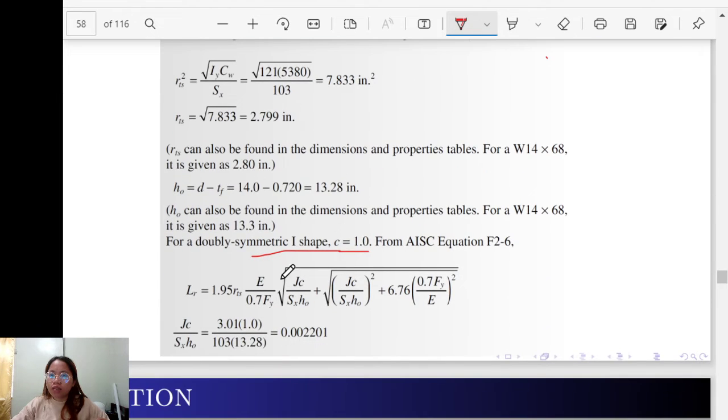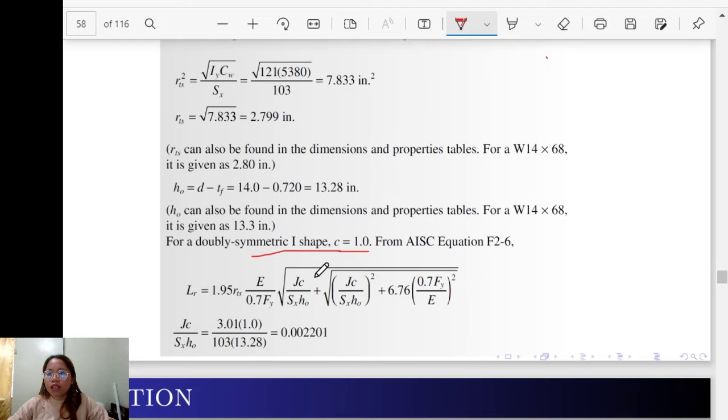So substituting the values for L sub r: 1.95 times your computed r sub ts, or from the table, times E over 0.7 times the yield strength, times the square root of J c over S sub x h sub o plus the square root of J c over S sub x h sub o, squared, plus 6.76 times the quantity 0.7 F sub y over E, squared. J is the torsional constant, or the parameter caused by torsion, or J in strength of materials is your polar moment of inertia.